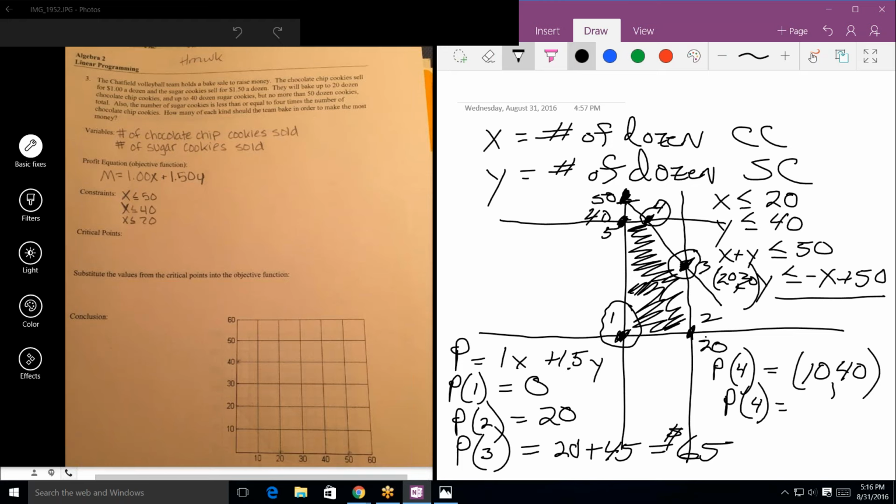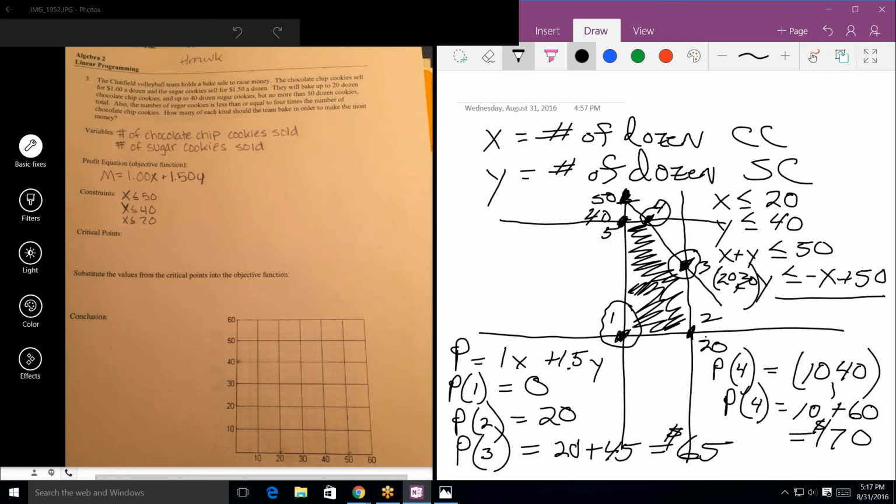The x coordinate is 10. 1 times 10 is 10, so the profit from the chocolate chips is still 10, plus 1.5 times 40, which is 60. Okay. So the profit there is 70.